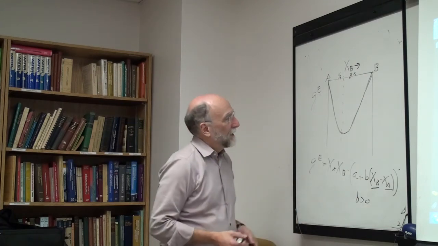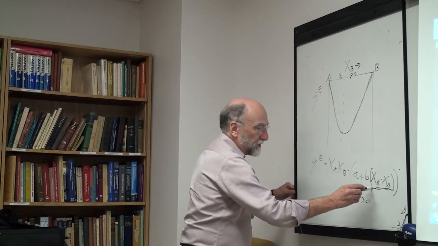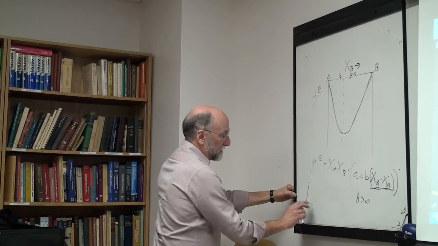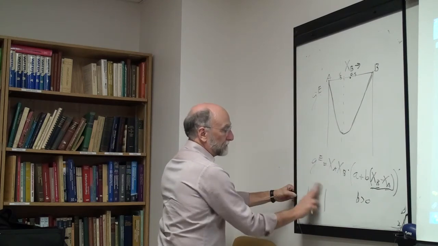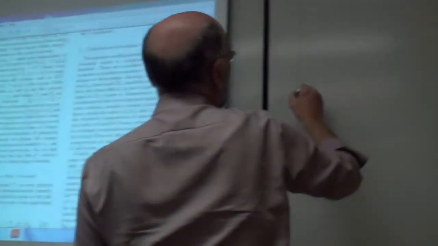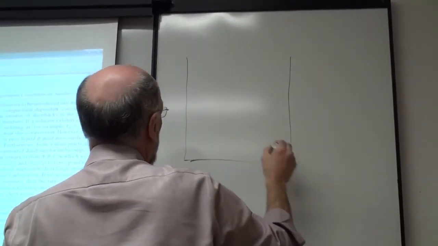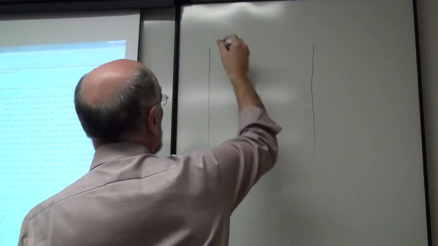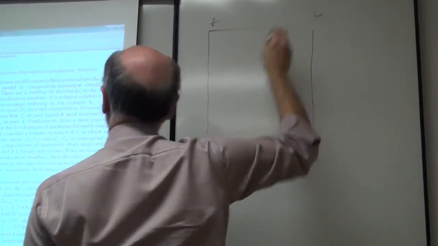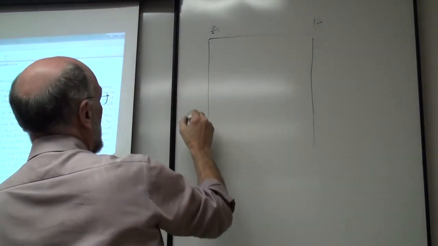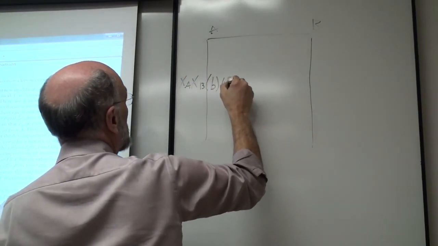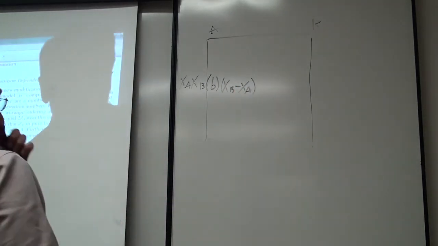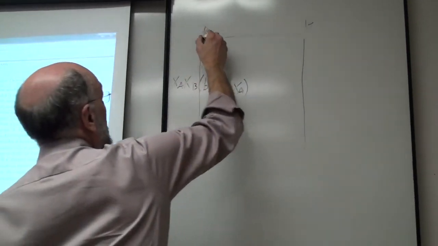If we just plot the second term, which will be XA XB times B times XB minus XA, just the second term, that second term looks like this.